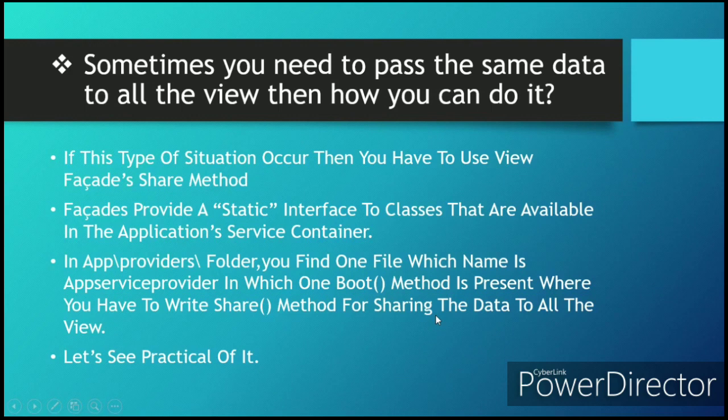A facade provides a static interface to classes that are available in the application service container. In the app/Providers folder, you find one file named AppServiceProvider, in which one boot method is present, where you can write the share method for sharing the data to all the views.